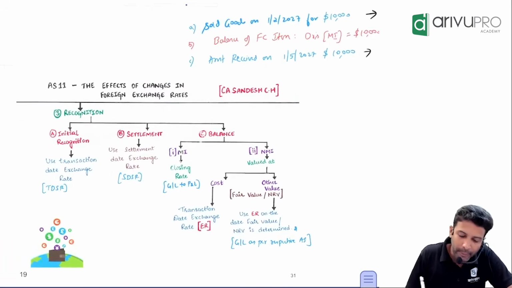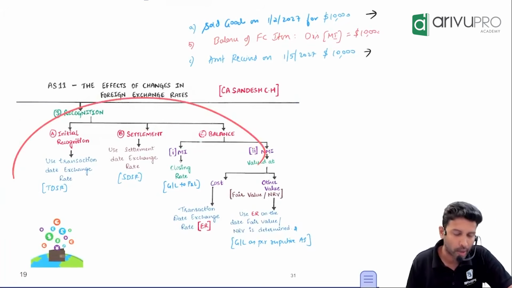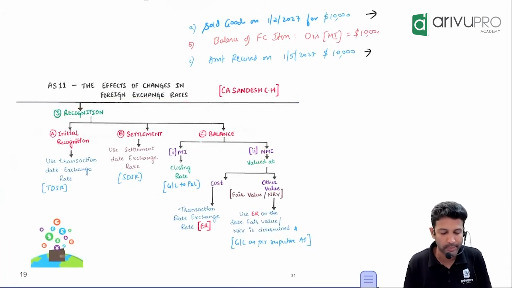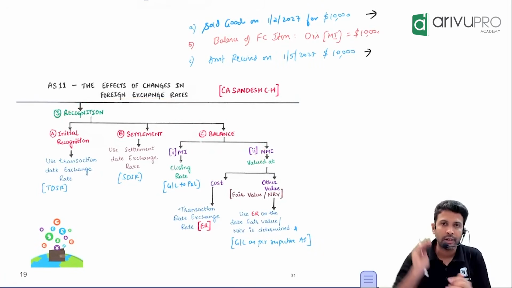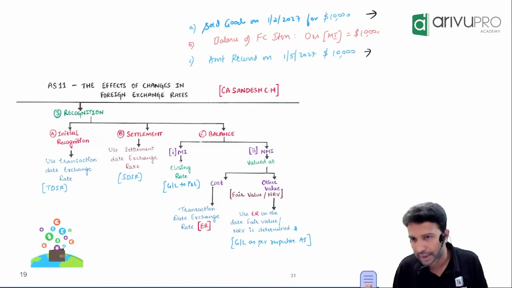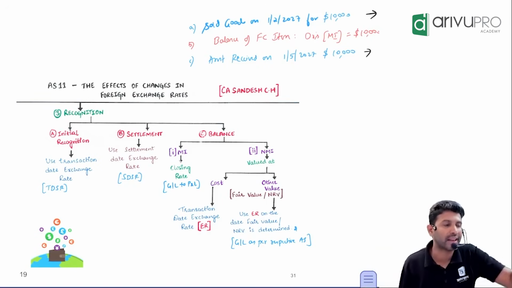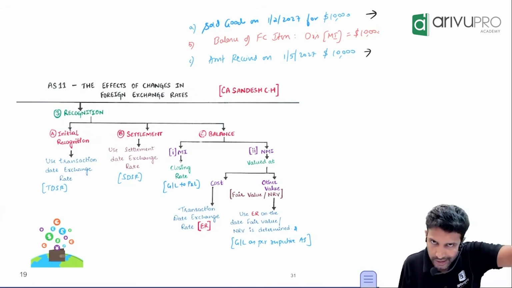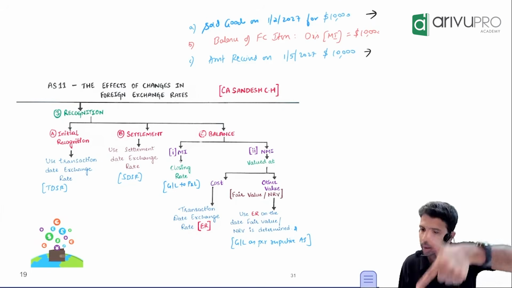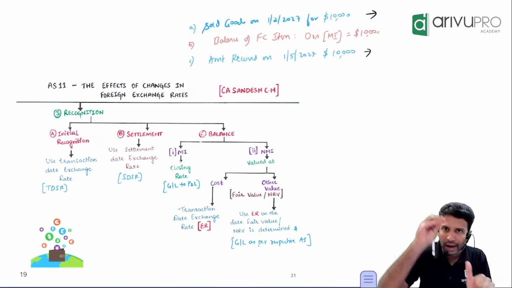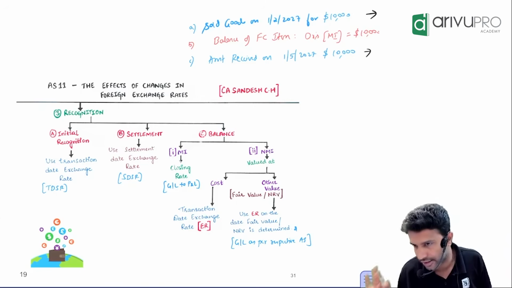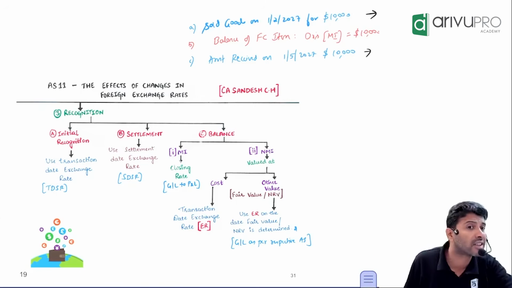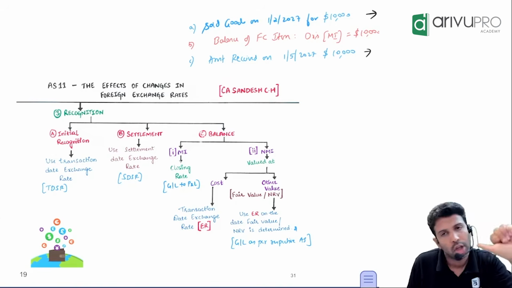Okay, the important part is this. This chart is important. Numerical questions are based on this particular thing. We will leave foreign operations for the time being. First we will take up what I said. AS11 covers broadly foreign currency transactions and foreign operations. If you have foreign currency transactions, you need to identify whether it is a monetary item or a non-monetary item.